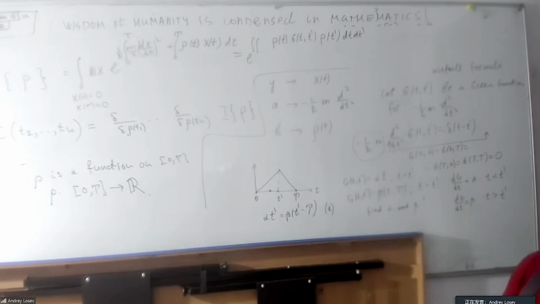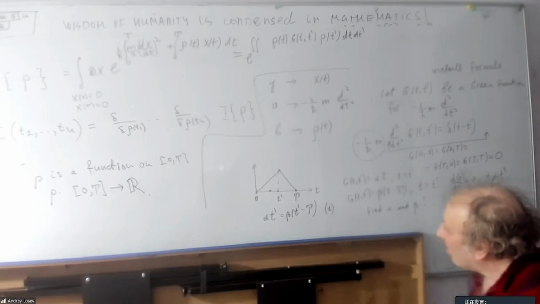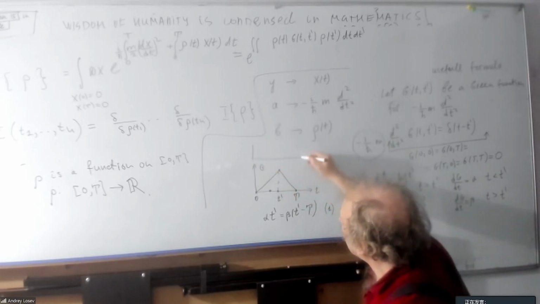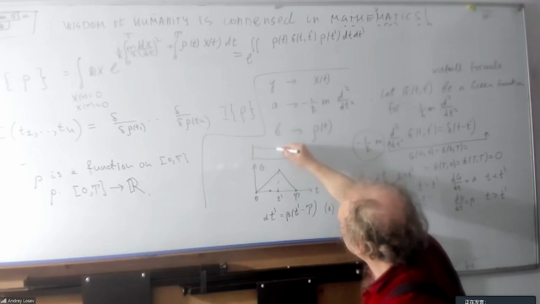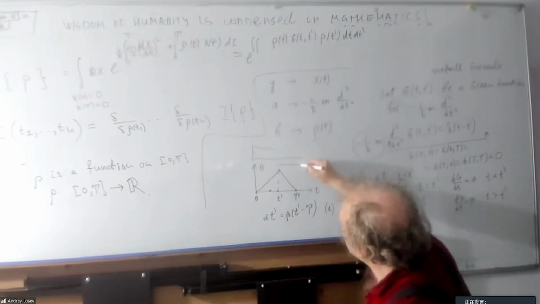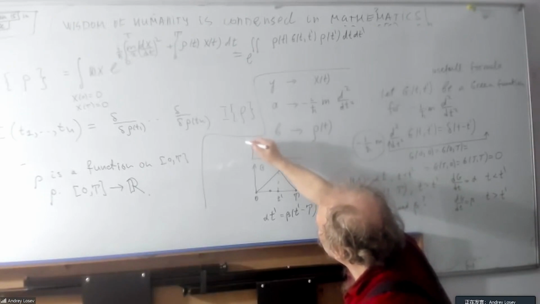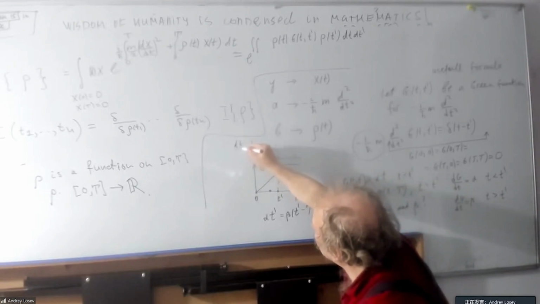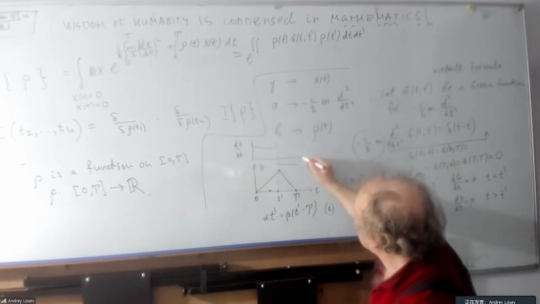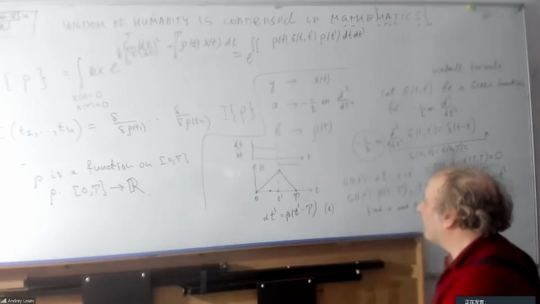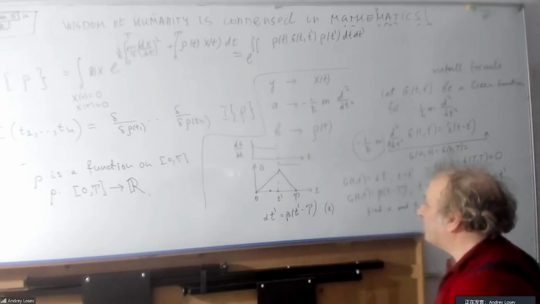So we know that to get a delta function, so here it's g, and here we have dg over dt, and here we have t, then this jump must be equal to 1.